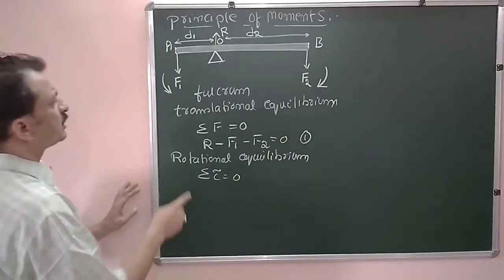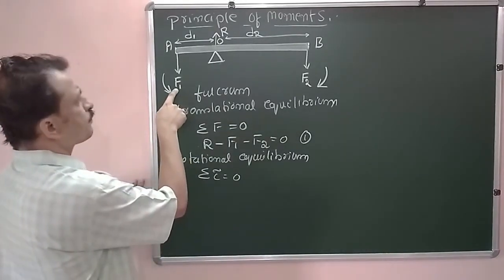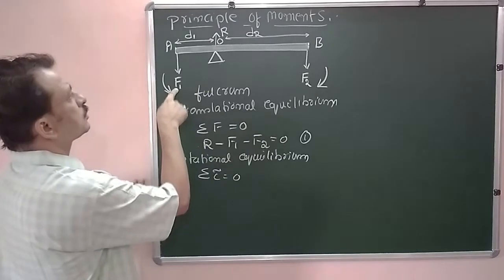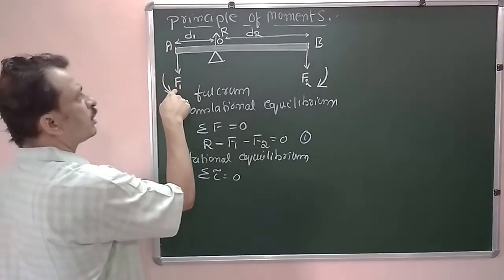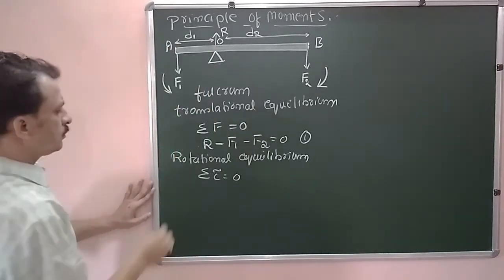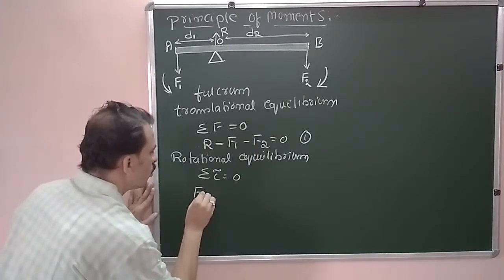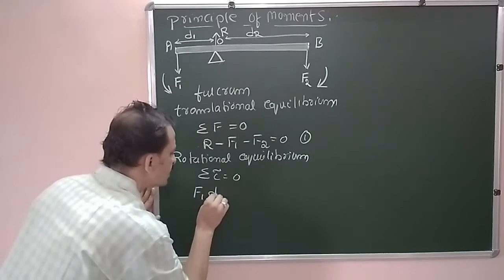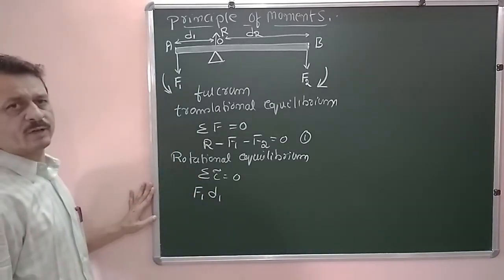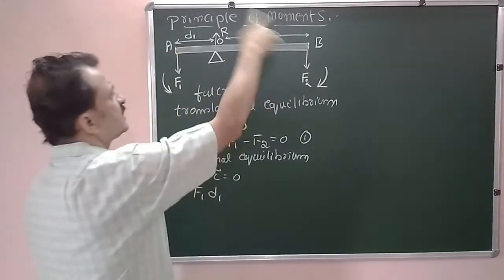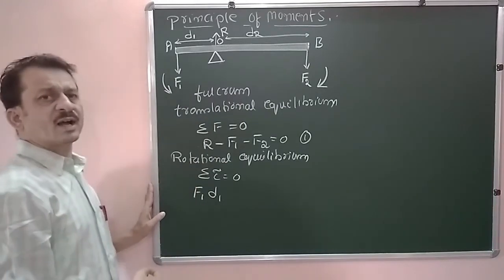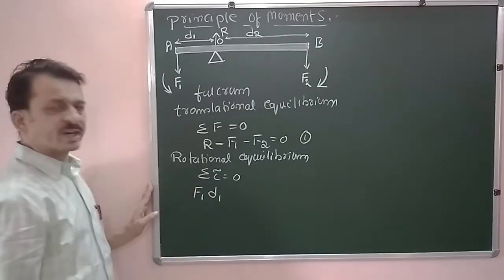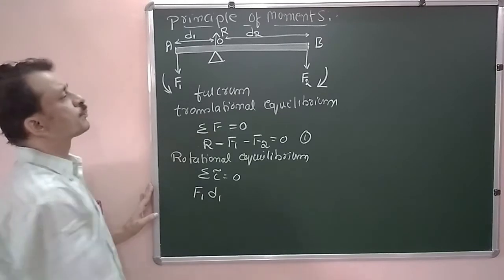Now what is the moment of force of F1 with respect to the fulcrum? It is the force F1 multiplied by the perpendicular distance d1. Since it tends to rotate the lever in the anti-clockwise direction, it is taken as positive.